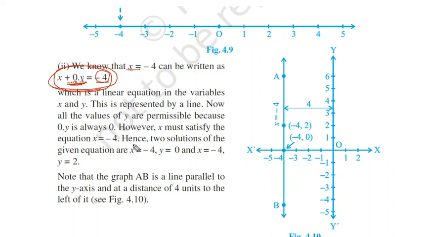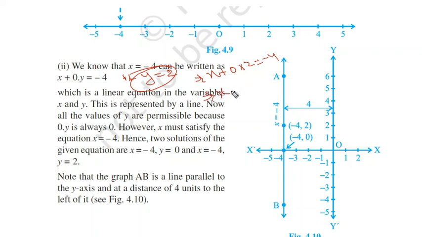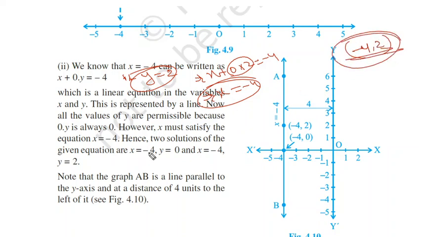Therefore, we'll take some solutions for x and y. Now we'll put some values in this equation and solve it. x plus 0y equal to minus 4. So if y equal to, suppose 2, then x plus 0 into 2 equal to minus 4, which implies x equal to minus 4, since 0 into 2 is 0. So the first point we got, for x equal to minus 4, is minus 4, 2. Now we move towards another point.